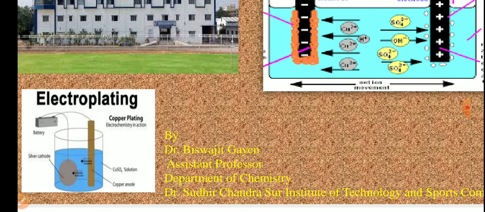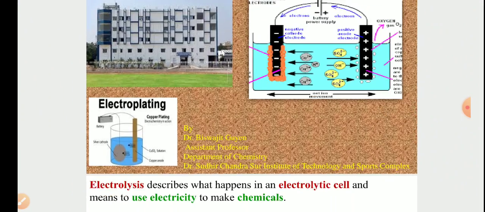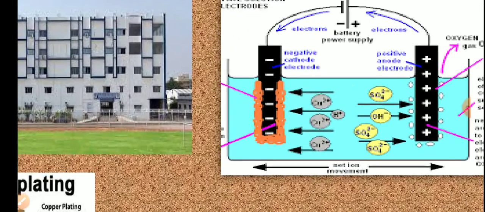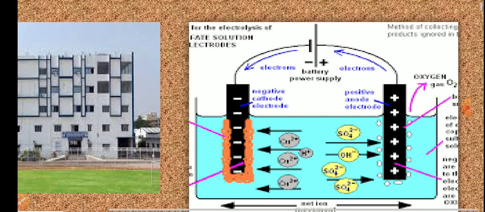Yes, of course, I will describe it in detail in the next few slides, but I want to draw your attention to this cell, the electrolytic cell. If you look at this picture, you will see two electrodes: on the left-hand side is the cathode, and on the right-hand side it is the anode.